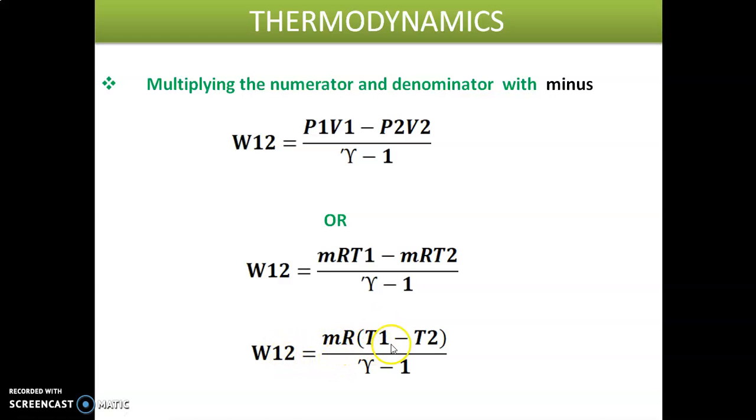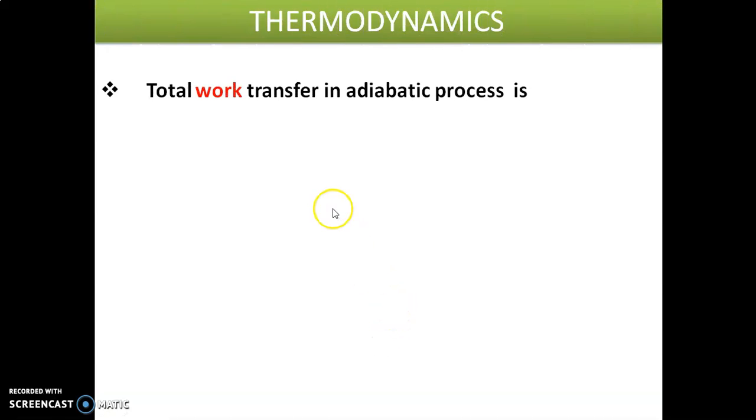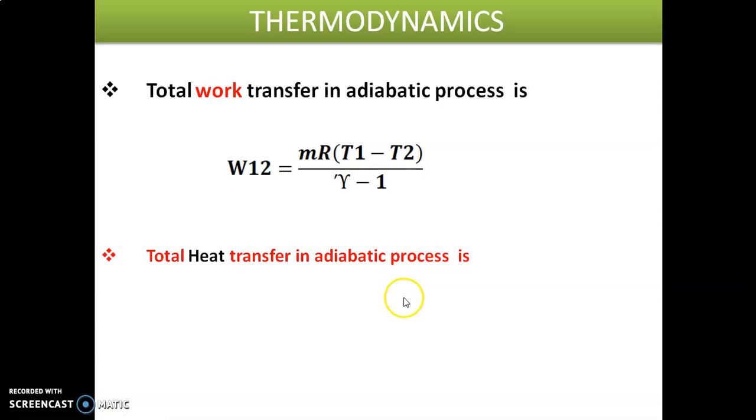W1 to 2 process is equal to MR into T1 minus T2 divided by gamma minus 1. So finally, the total work transfer in the adiabatic process is W1 to 2 process is equal to MR into T1 minus T2 divided by gamma minus 1. And the total heat transfer in the adiabatic process is what? Zero. Q is equal to 0.